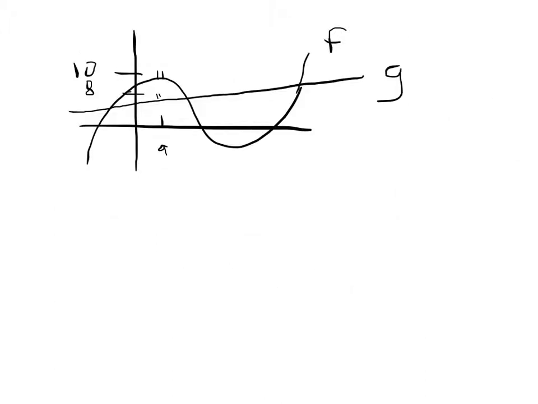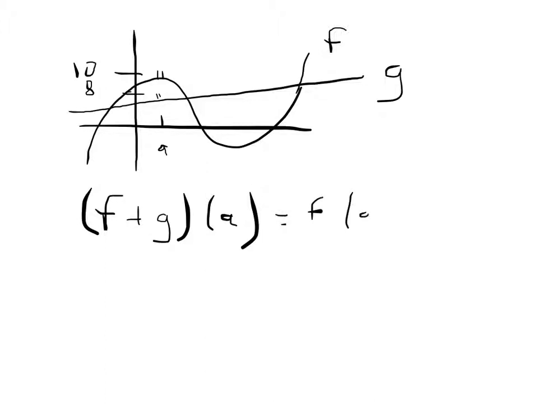So another topic in 4.2 is combinations of functions: adding functions, subtracting functions, multiplying functions, and dividing functions. And we can consider that from a point-by-point standpoint. Suppose you wanted to find f plus g of a. Basically what you're doing, that notation, is you're looking to find f of a plus g of a.